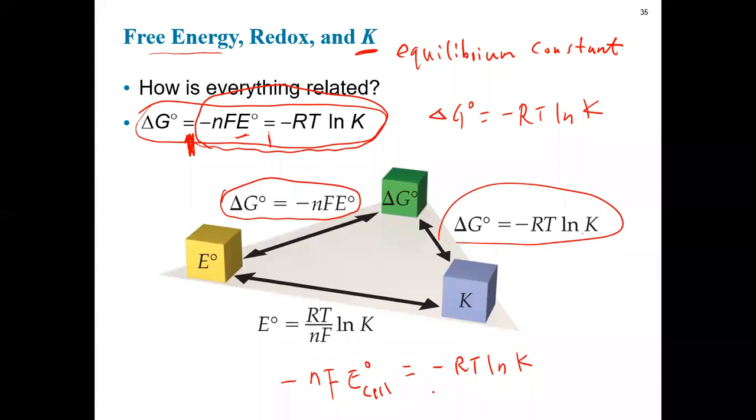Rearrange it: the negative comes out, then you divide by nF, or you can simply divide by negative nF. That's how you get this equation. So depending on what you like, you can memorize this diagram or memorize the equation on top.